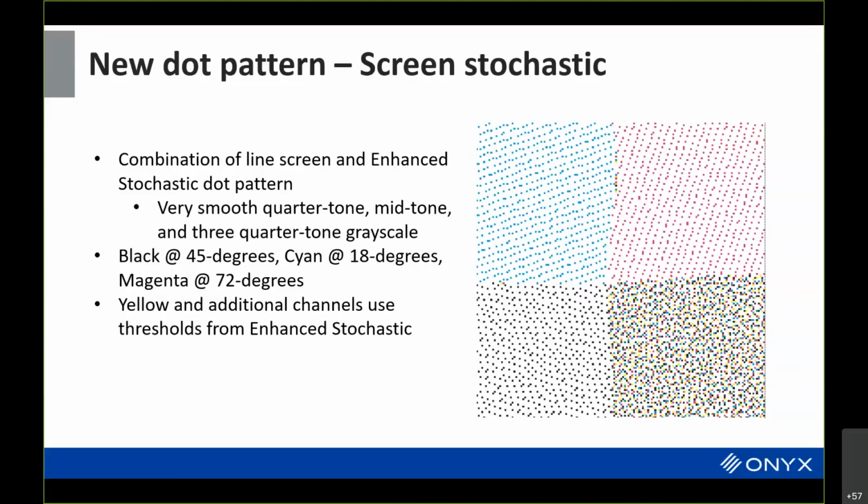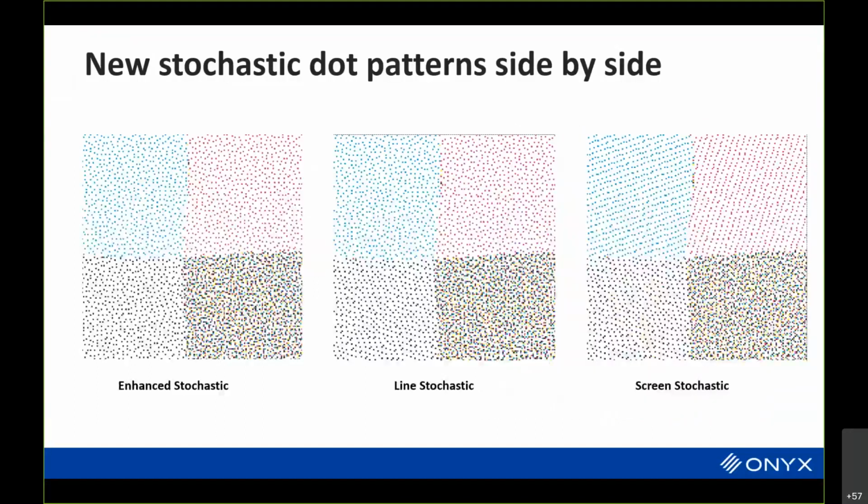So these dot patterns are not necessarily a panacea for every possible combination, but they're now available in version 19. At this point, I don't think there's a need for people to use the legacy dot pattern. If you're profiling a new print mode, use the new dot pattern because it'll get better looking results.